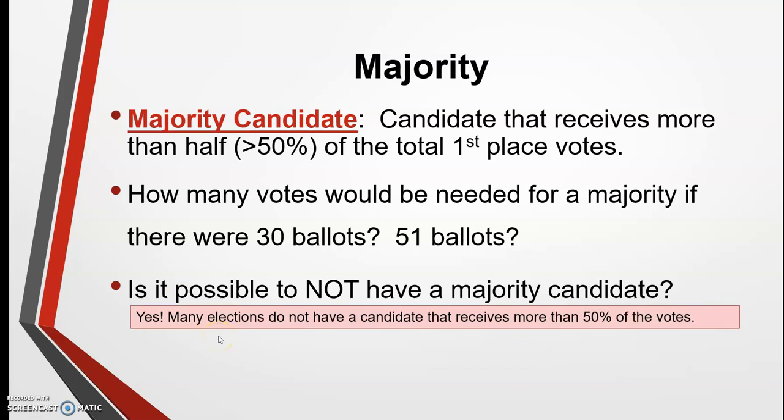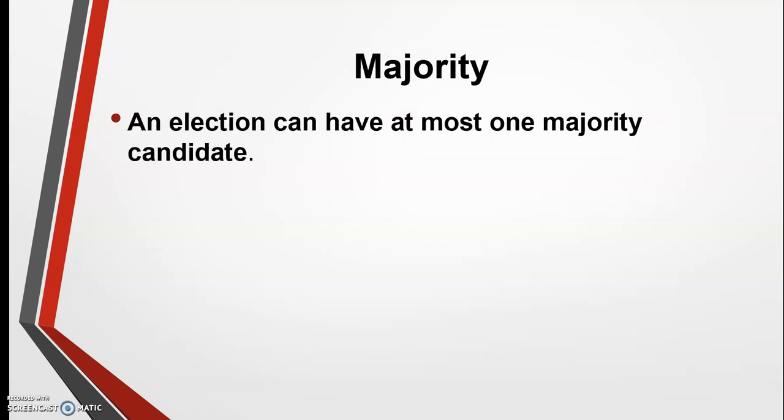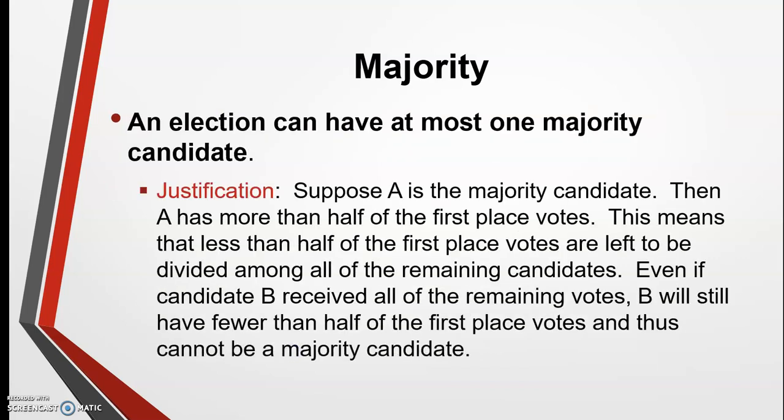So as we can see, yes, many elections do not have a candidate that receives more than 50% of the votes. Can you have more than 1 majority candidate? And the answer to that question is no. Remember that a majority candidate has to have more than 50% of the first place votes.